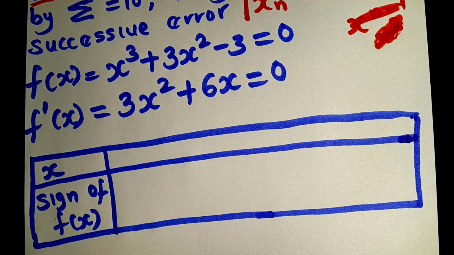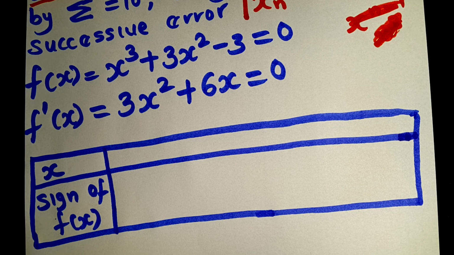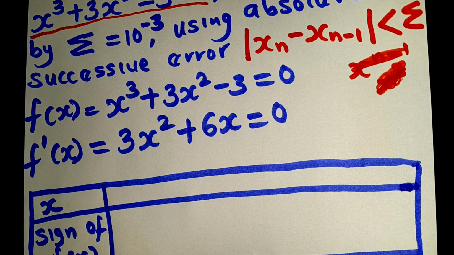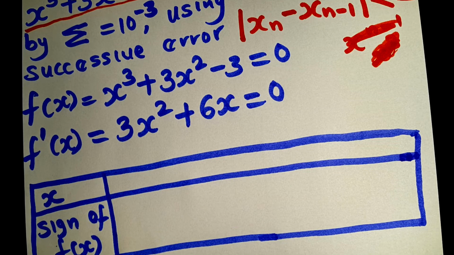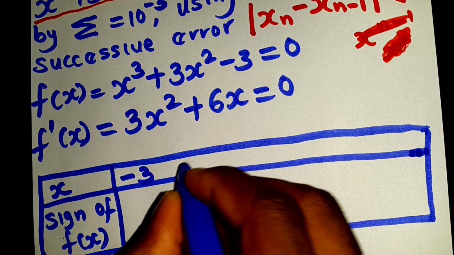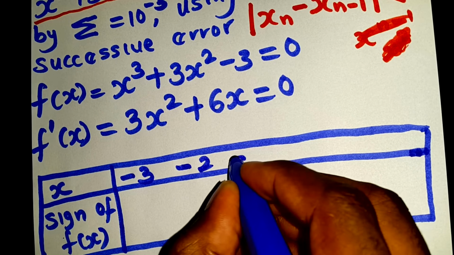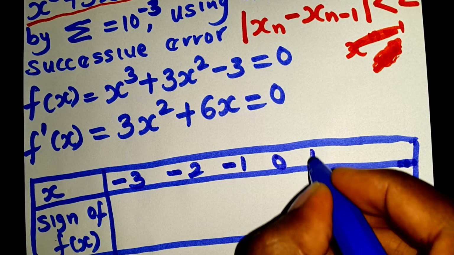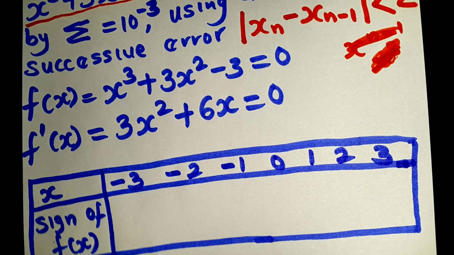They start taking the root from minus 5, minus 4. But in this tutorial, in order to make sure I don't take much of the time, because I don't have much time, I'll be starting from minus 3. So I start from minus 3, minus 2, minus 1, 0, 1, 2, and 3.